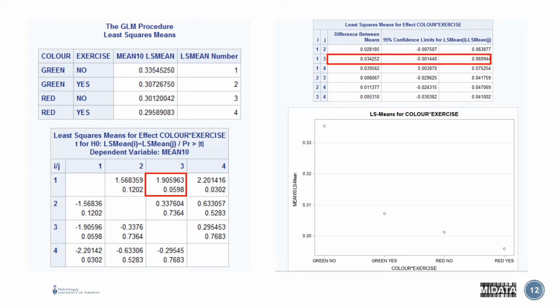With the least square means, once again, we're making a comparison. It's easier to identify what we're looking at because we now have both variables in the model. So you'll see here for color, green and red, and exercise, yes and no, that the one we're interested in looking at is 3 and 1, which is red, no, and green, no. That's what we were looking at, and that's our hypothesis. And you can see, oh, it hasn't changed.